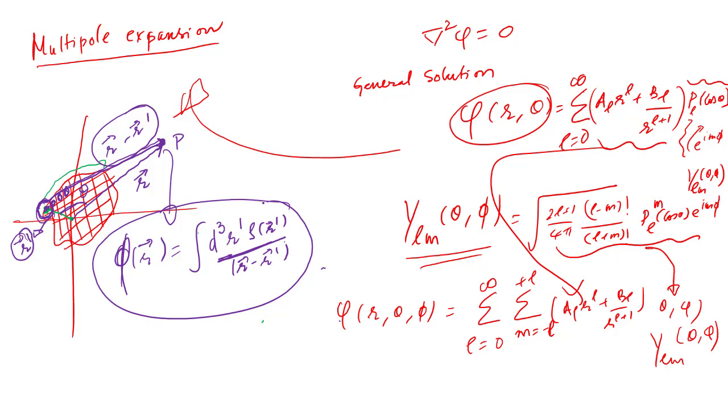And previously when we studied multipole expansion, what we did was we considered this term in the denominator. We considered only 1 over r minus r prime, and then we did a Taylor series expansion. And that's how we got our different terms for monopole, dipole, and quadrupole, and so on.